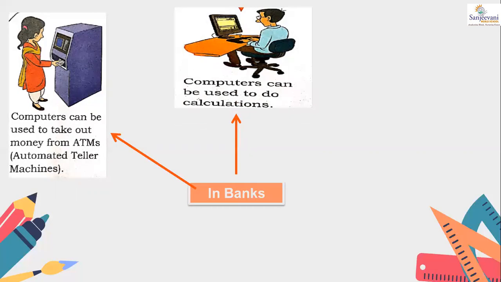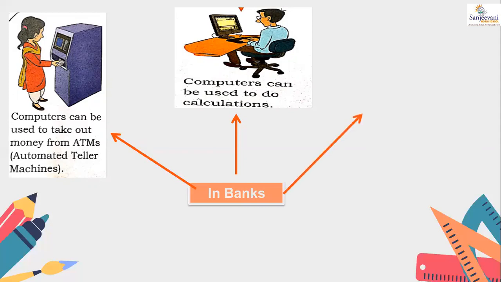Now what do you mean by deposited? How much money has been kept in the bank. Withdrawn means how much money has been taken from the bank. Which customer has taken how much money, all the calculations in the bank are done with the help of computers.